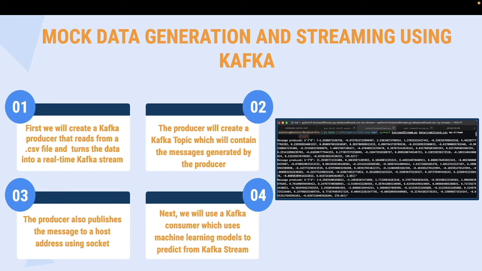The producer also publishes the message to a host address using a socket. Next, we will use a Kafka consumer which uses machine learning models to predict on Kafka streams. The figure shows the streams of data generated by the Kafka producer, which is then subsequently received by the consumer for making the predictions.